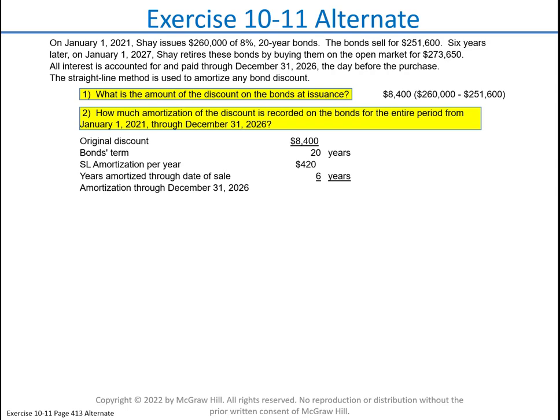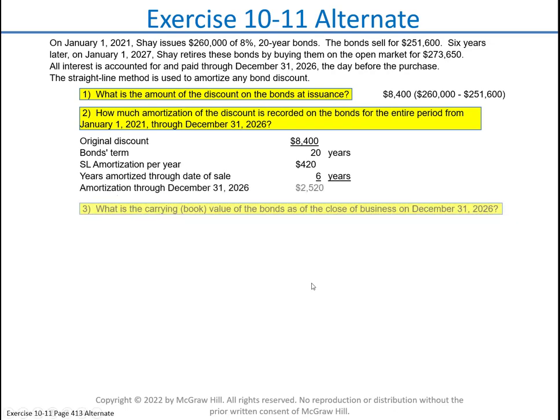After 6 years, they have recorded a total of $2,520. So they've reduced the initial discount of $8,400 by $2,520. So now we can determine what the carrying value is. The original par value was $260,000.